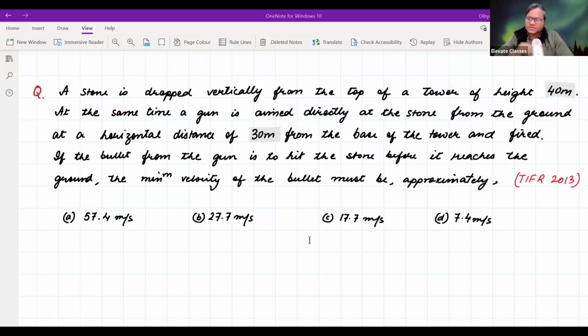Just based on the kinematics equations, you can try to figure out the answer. Vivek, your answer is correct. Good.